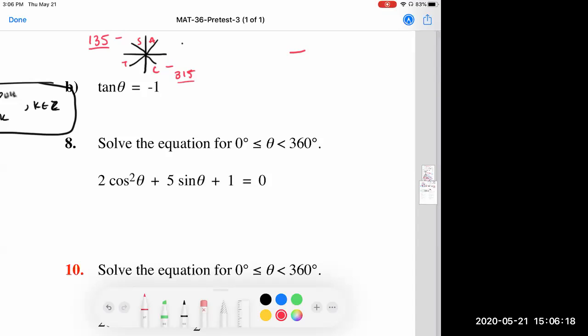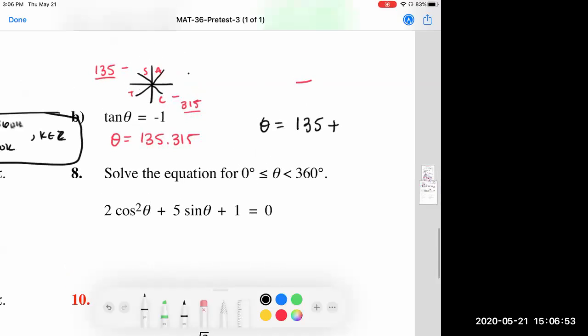So we can write it one or two ways. So our answer is 135 and 315. So we can write it as theta is equal to 135 plus. Now, this isn't emphasized very highly, so be very careful. However, you won't be tricked because it's in the multiple choice portion.